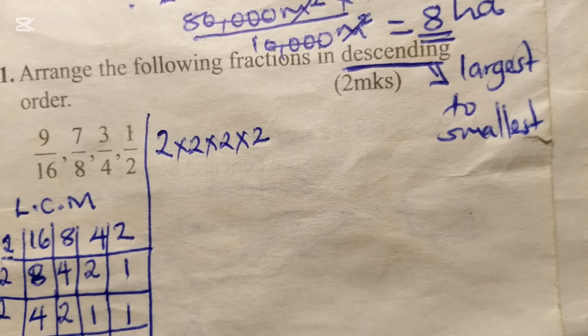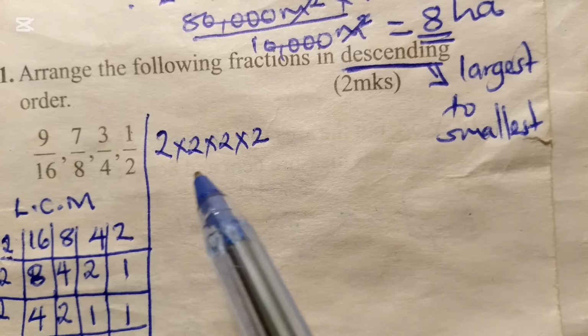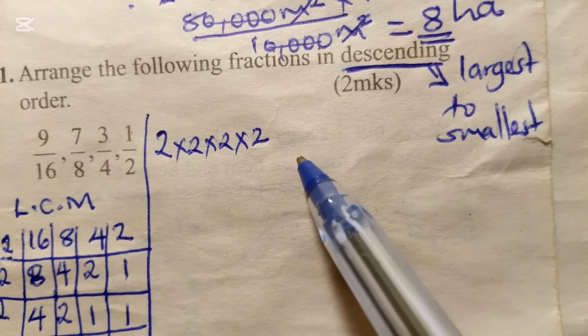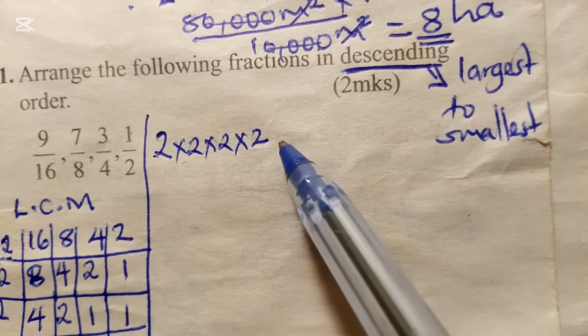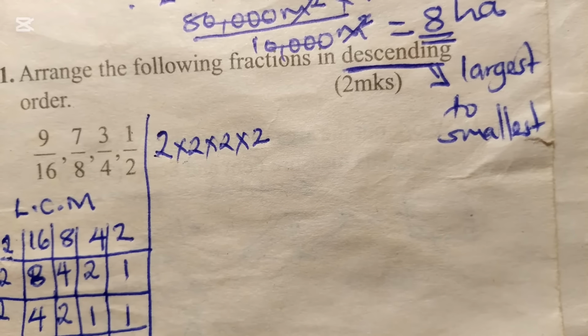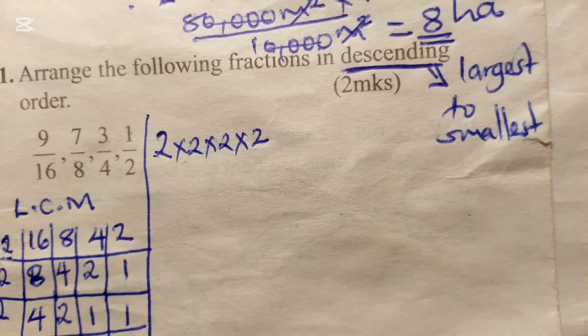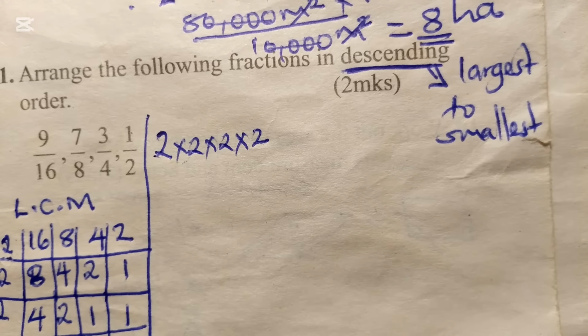Some learners, when numbers are multiplied repeatedly, say 2 times 2 times 2 times 2, how many 2's? 1, 2, 3, 4, and then just say 2 times 4, because the 2's are 4. Not really.